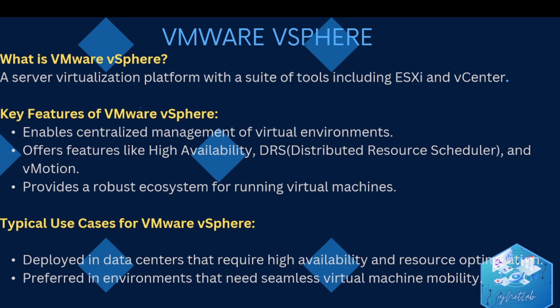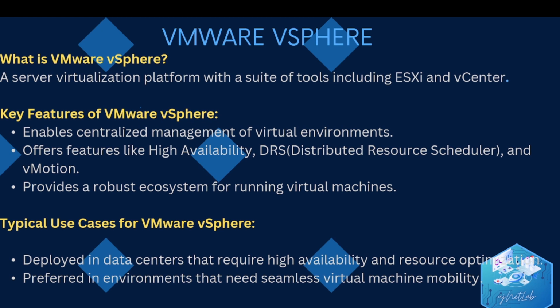Typical use cases are deployments in the data center that require high availability and resource optimization, and it is also preferred in environments that need seamless virtual machine mobility with the help of vMotion and other features we will discuss. It's mentioned: high availability, DRS, and vMotion.